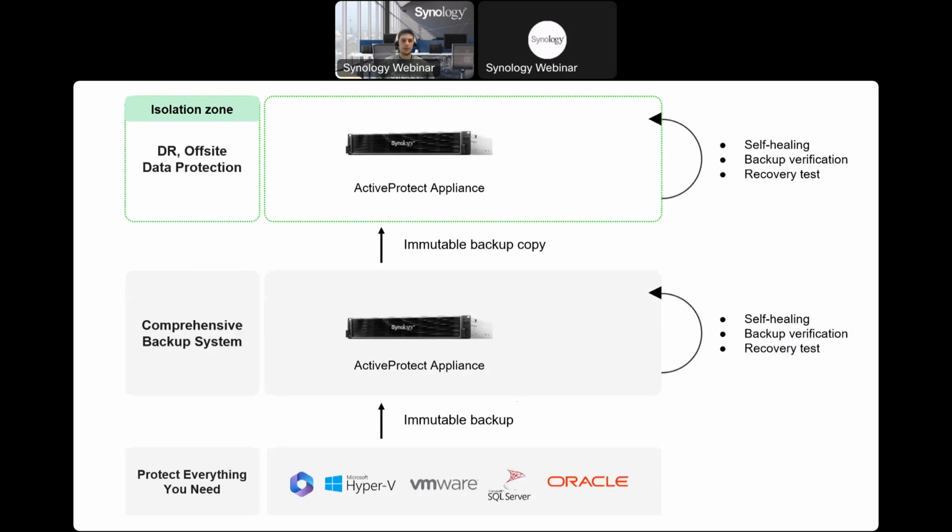If you were to represent it graphically, starting from the bottom side, we will create an immutable backup of our data, which is stored in APA, and also back up a copy of this immutable backup in one other offsite APA to ensure the recoverability with the new 3-2-1-1-0 rule.